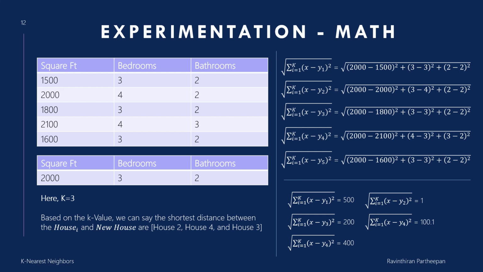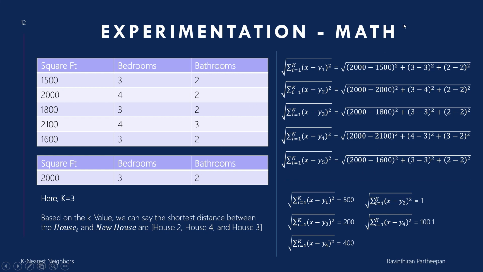After computing these values we get 500 for the first instance, 1 for the second, 200 for the third, 100.1 for the fourth, and for the fifth instance, sorry, there's a typo because I mentioned it as 4, it will be 5, it will be 400.